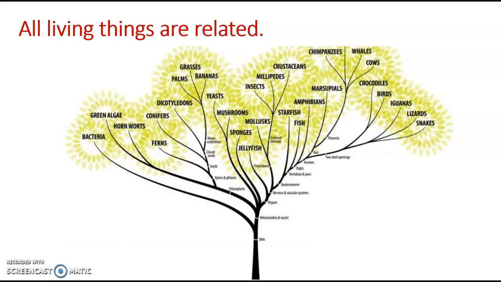But what we will see is that all living things are related to one another. And when we talk about our section on DNA, we'll get to look at all the little nitty-gritty details of how do we know that?